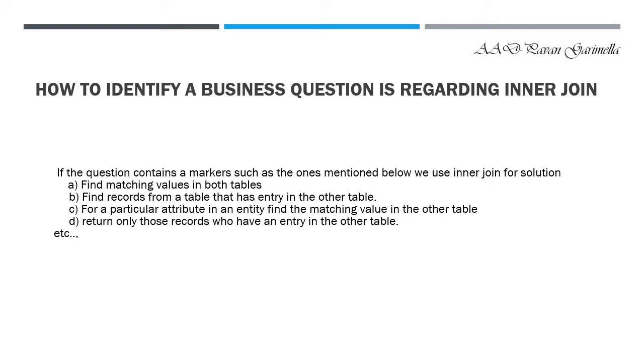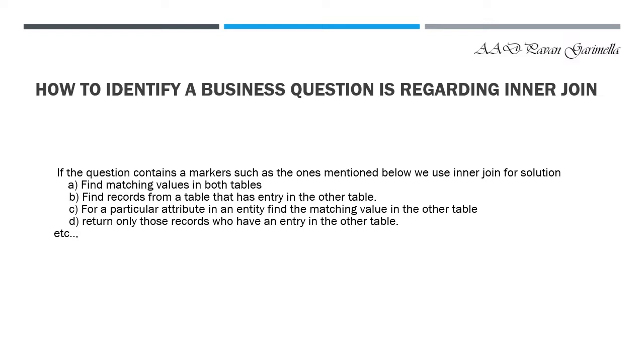So how do we identify that a particular business question is regarding an inner join? If a question contains a marker such as find the matching values in both the tables, or find records from a table that has an entry in the other table, or if you by any chance get a question such as find a particular row for an attribute that has the matching value in the other table, or return only those records which have an entry in the other table.